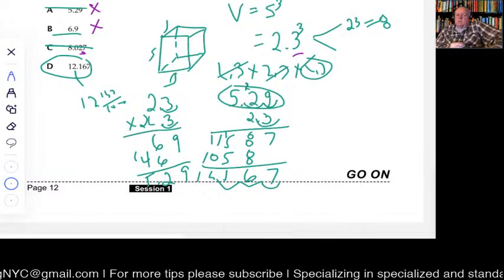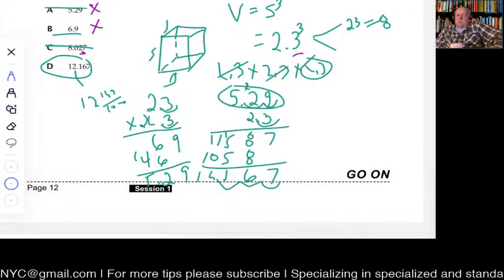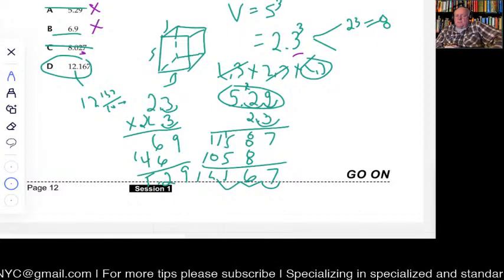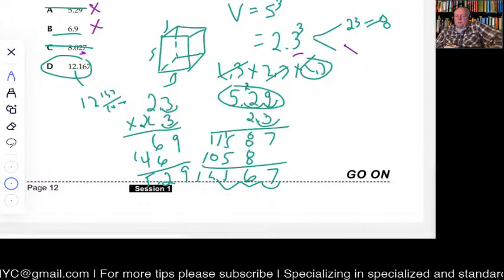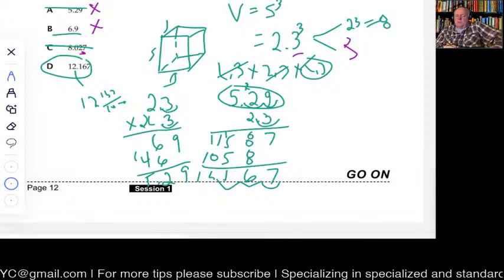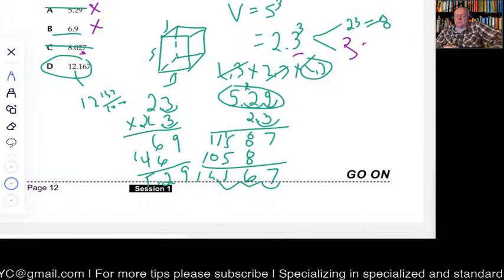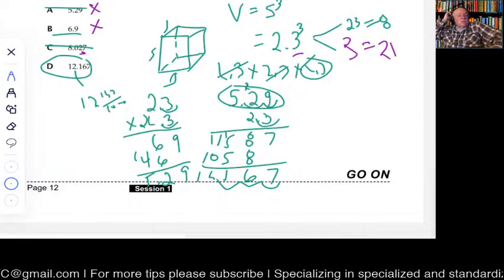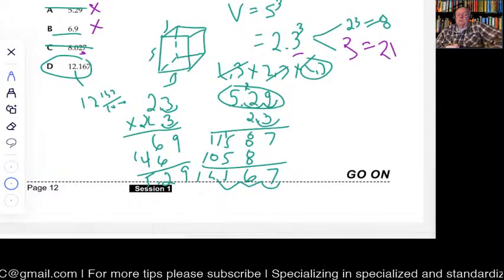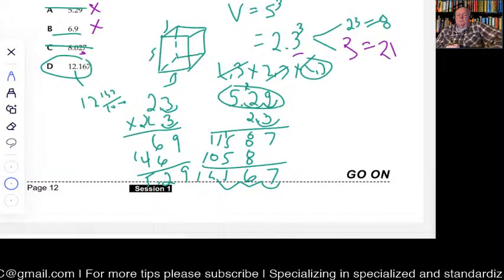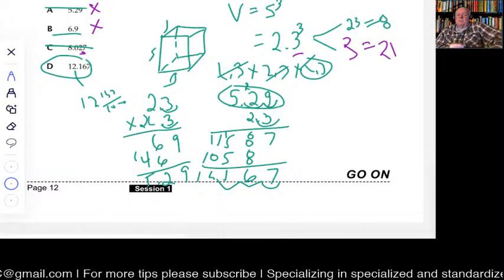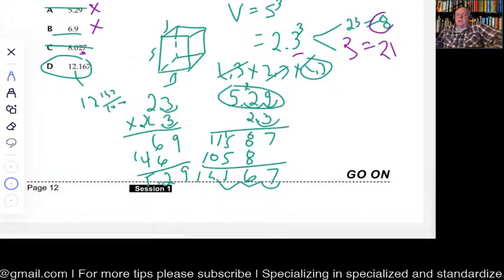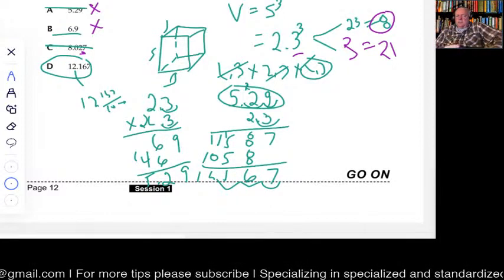For those who know, it can't possibly be C. Okay, the other choice is that if we round the 2.3 up to 3, 3 cubed is 3 times 3 is 9, that gives us 27. That's a huge number. So you can almost see, whoa, this escalated real fast. All right? But at least you have a little heads up. You almost know that it can't be 8. You definitely know it's not A or B no matter what scenario you look at this with.